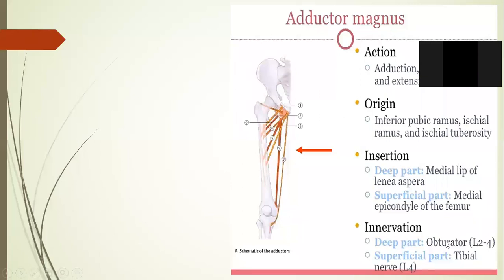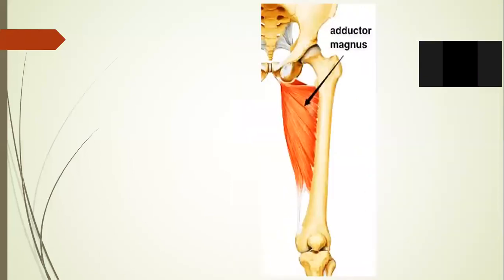A second part arises from the ischial tuberosity, and it is also attached to different parts of the femur. I will show you a picture. The hamstring part of the adductor magnus that originates from the ischial tuberosity is supplied by the tibial nerve, or the sciatic nerve. Very simple, the sciatic nerve.